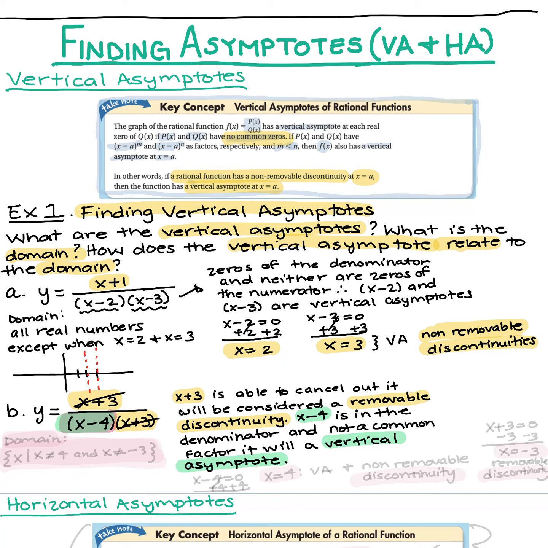So I would get the x - 4, set it equal to 0, and add that 4. So x is going to equal 4, and that right there will be my vertical asymptote and non-removable discontinuity.